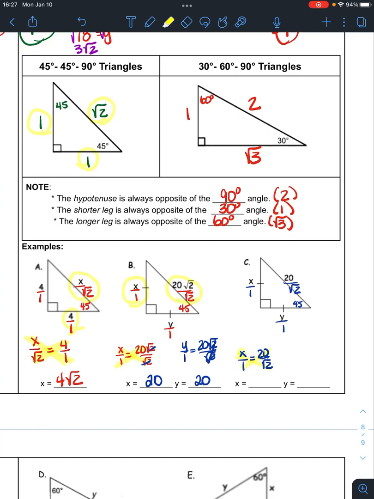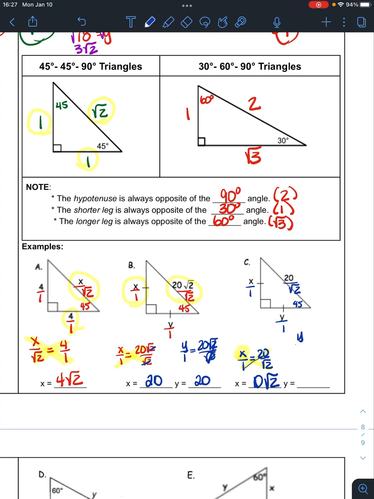So just let your x sit there, and then do the rest of the math. So we would do 1 times 20, that's 20, and then we have 20 divided by the square root of 2. Well, remember that shortcut, 20 divided by 2 is 10, and then there's a square root of 2, so we put that square root of 2 on there.